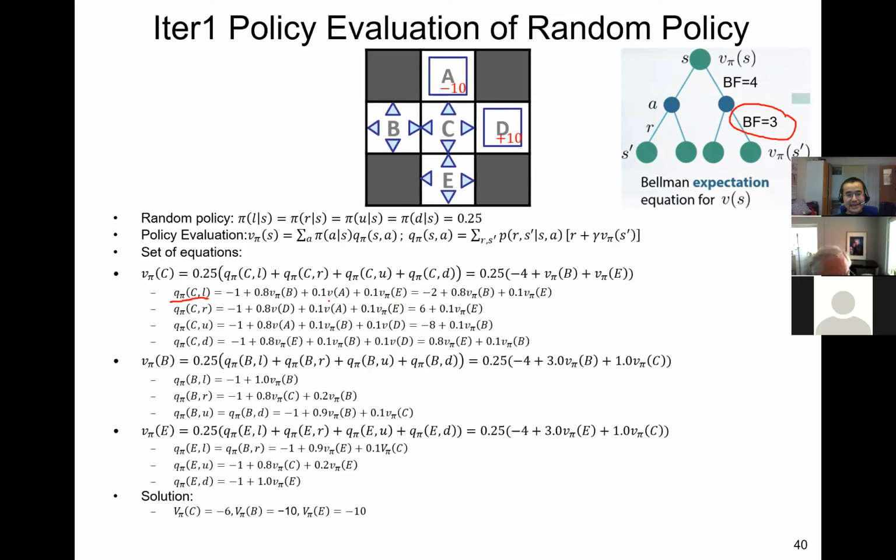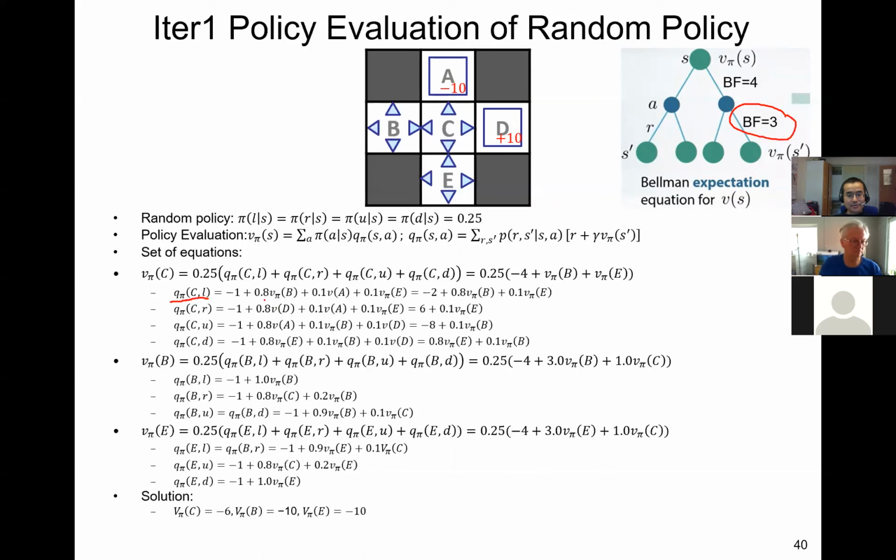You know VA is -10, so you plug in VA to get this equation. If you go right, you have this equation, because VA and VD are all known. And similarly for up and down.